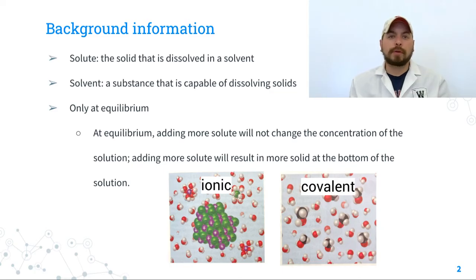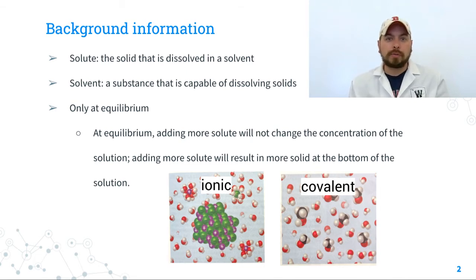Let's get started by remembering that when we create any solution, we're dissolving a solute into a solvent. In our situation, we're mostly going to be dealing with ionic compounds dissolving into water. When an ionic compound dissolves into water, ion dipole forces will pull the solid out of its crystal lattice and will essentially create a sphere of hydration around each ion.